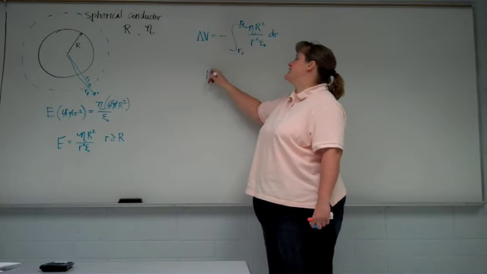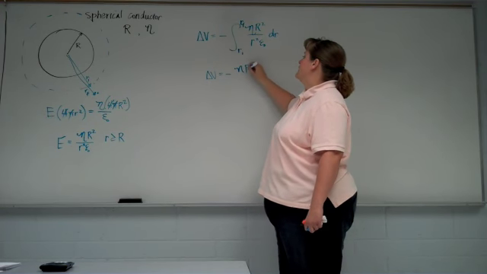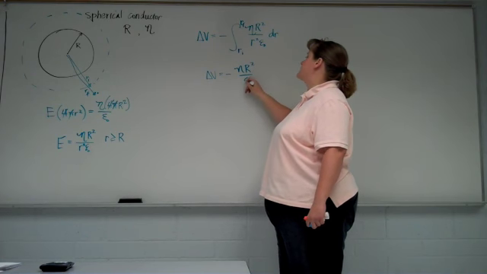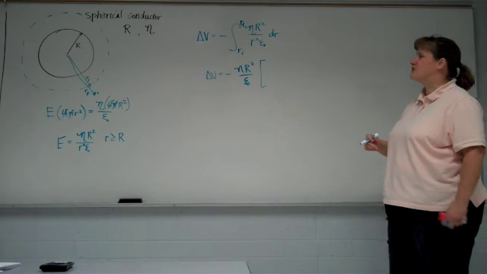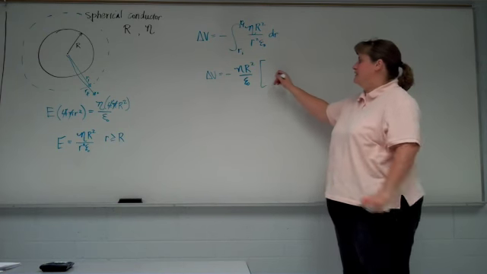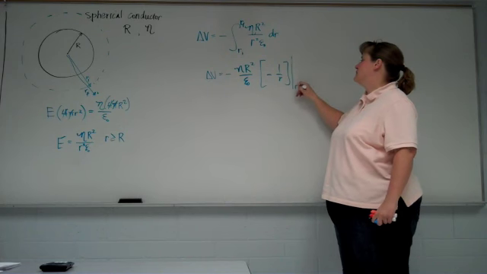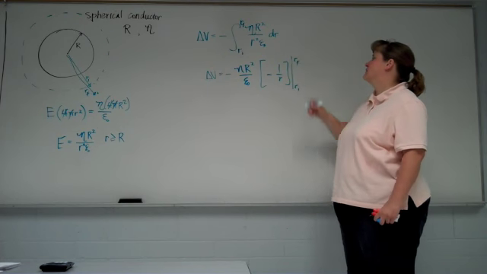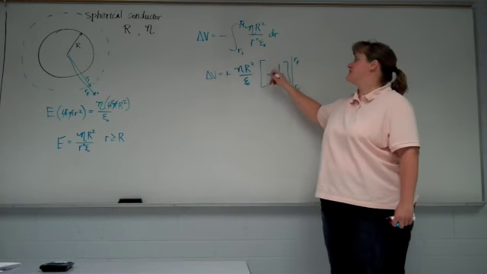So delta V, the eta, the big R squared, and the epsilon naught are all constants. That leaves us with the integral of 1 over little r squared, which is negative 1 over r. Our negative signs cancel here.